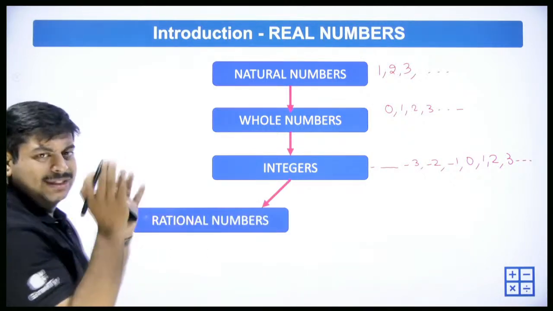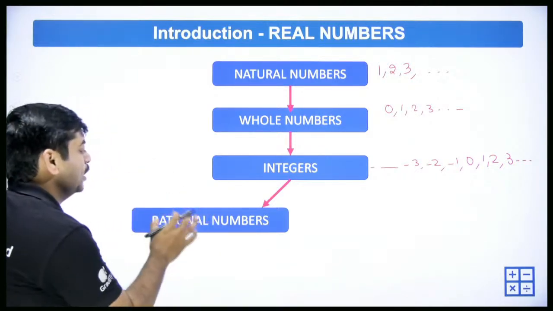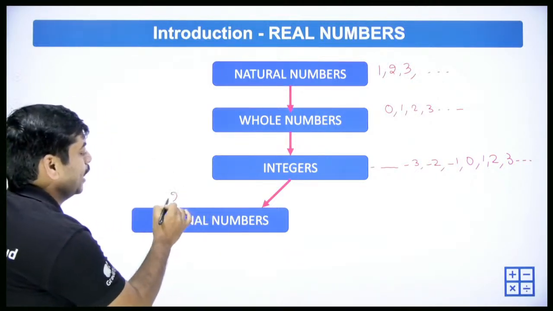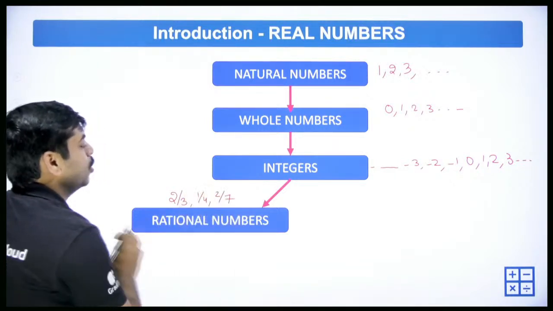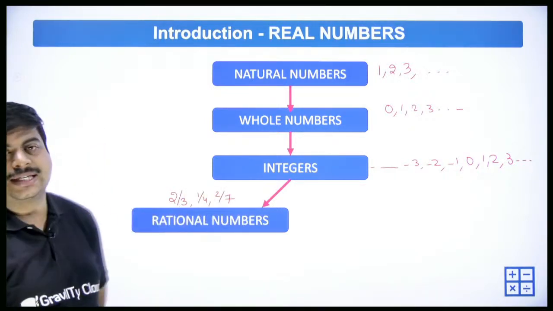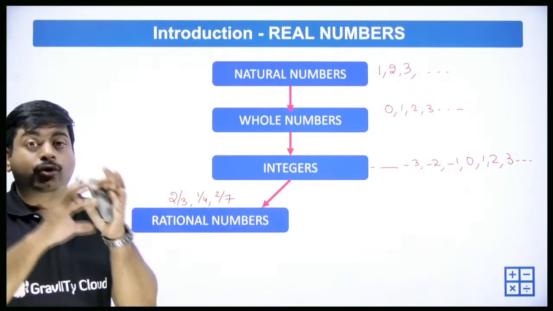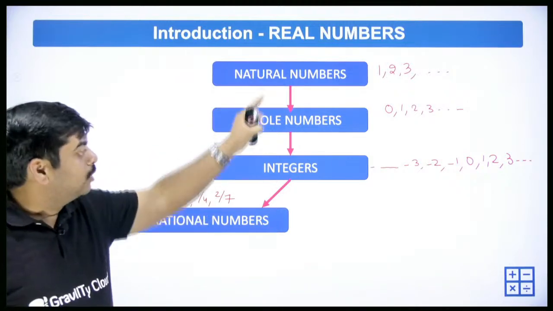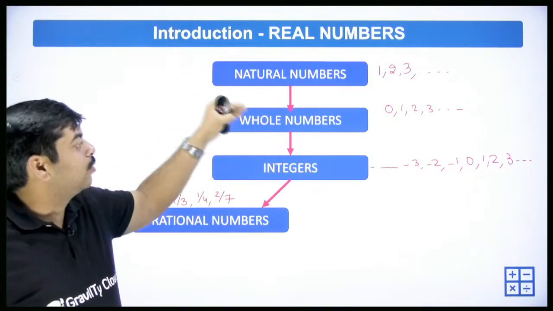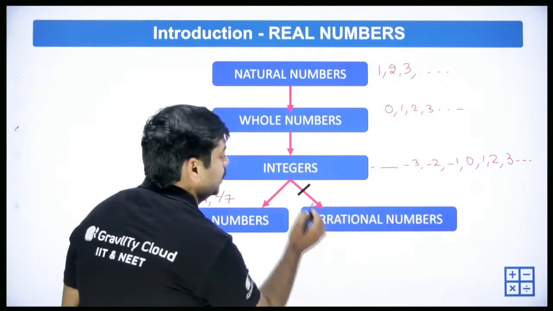Rational numbers, once again in today's class, let's discuss what are rational numbers. From integers, rational numbers will look like 2 by 3, 1 by 4, 2 by 7. All these fractions we can say are rational numbers, and we have a few more numbers which are not rational numbers, which also don't come under natural or whole or integers. Those are called irrational numbers.